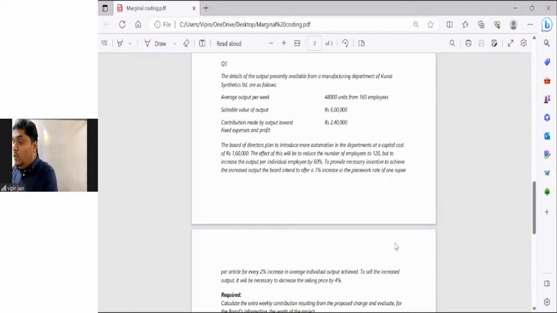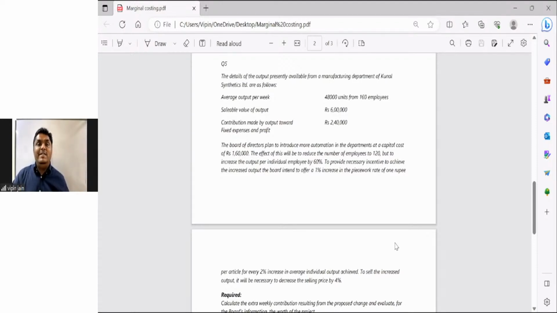So currently, the piece rate is 1 rupee per article.